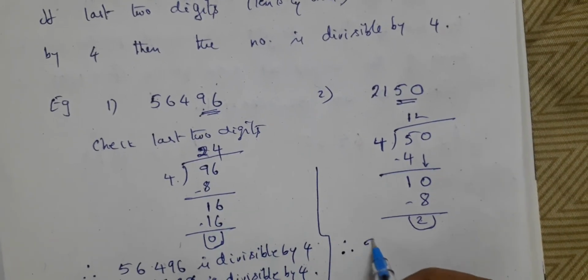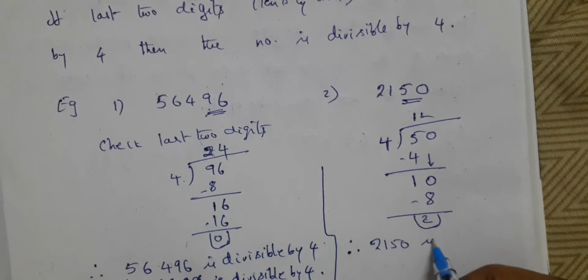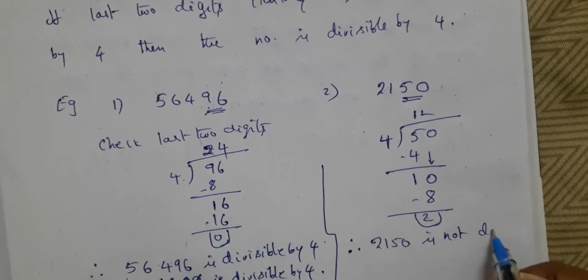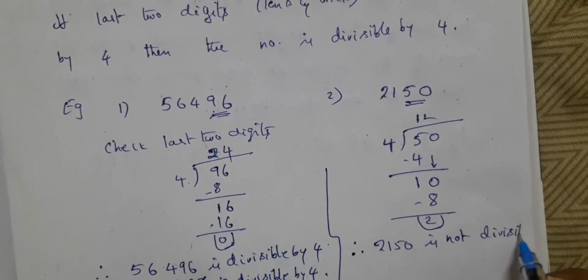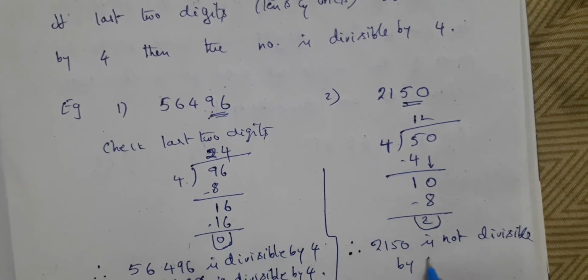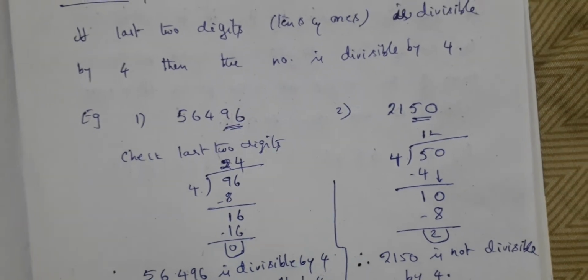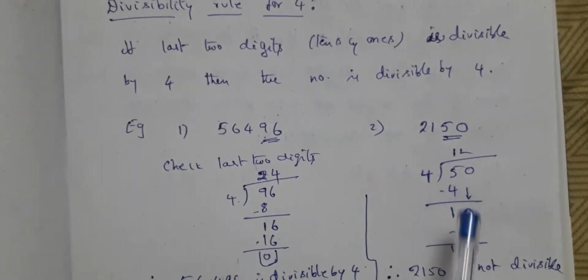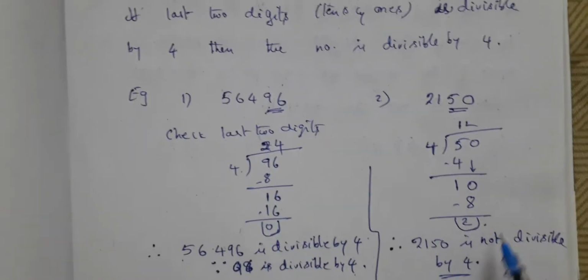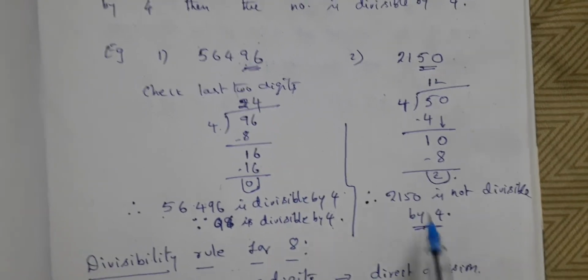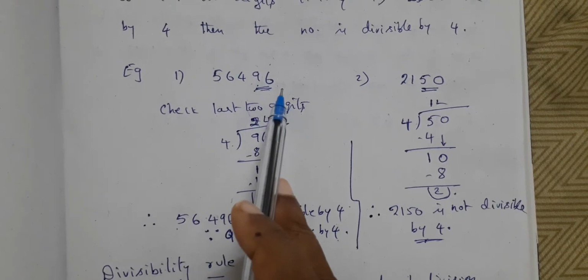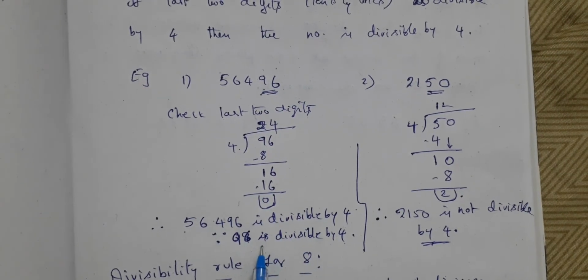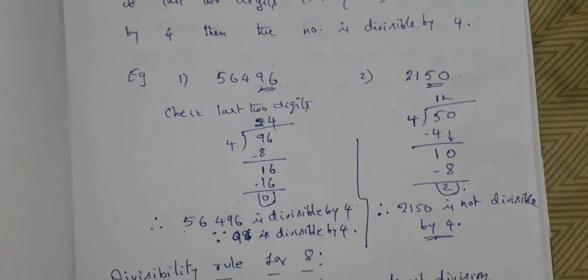Therefore 2150 is not divisible by 4. Clear, children? So since the last 2 digits here are not divisible by 4, the complete number is not divisible by 4. Since the last 2 digits in the earlier example were divisible by 4, the complete number was divisible by 4. This is how you have to prove.